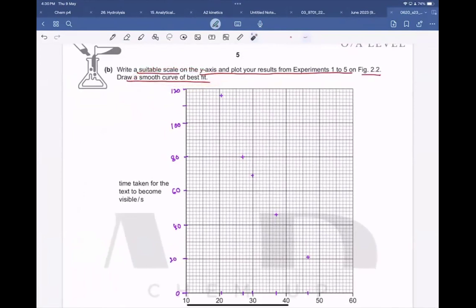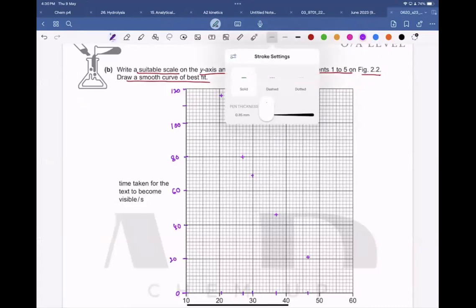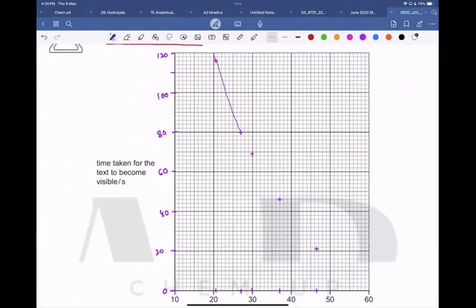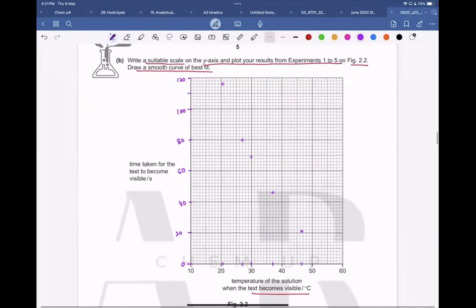So the smooth curve of best fit, so let's move. So it would be like this, okay?